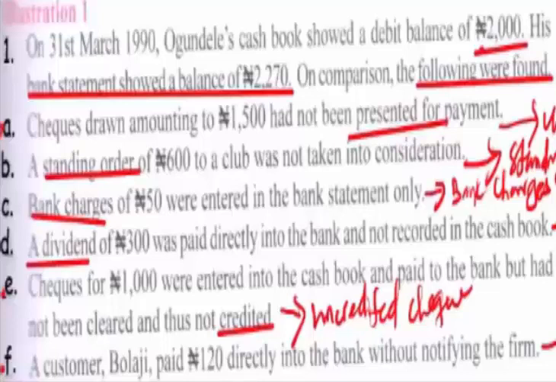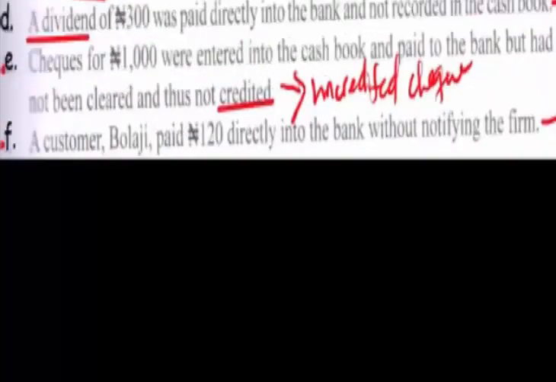F could have just told us a credit transfer of 120 naira was made from Bolaji directly into the firm's account. But it was not so. They just told us a customer, Bolaji, paid money into our account. It's left for us to know that for the fact that a customer has made a transfer directly into our bank account, that is a credit transfer. Let's look at the solution now.